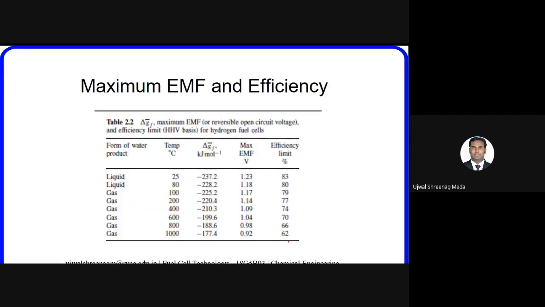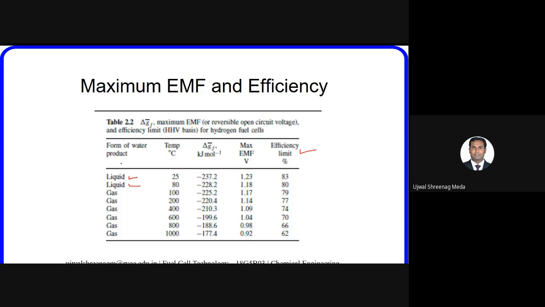So with that, if we just look at the form of water or form of product and operating temperatures, we can find out the maximum voltage that can be obtained, and hence the maximum efficiency, which is known as the efficiency limit. So here, when the temperature is less than 100, there are readings for two temperatures, 25 and 80.